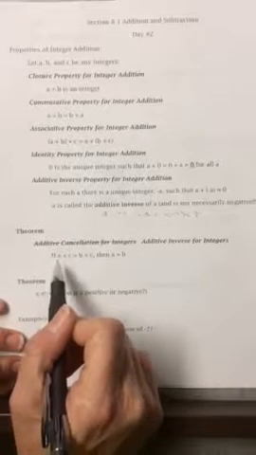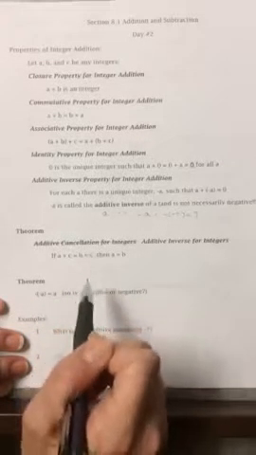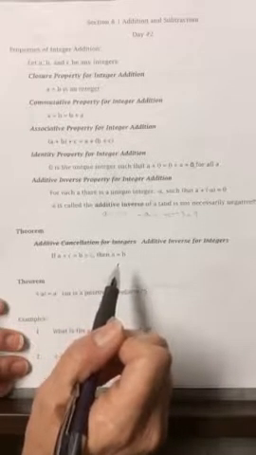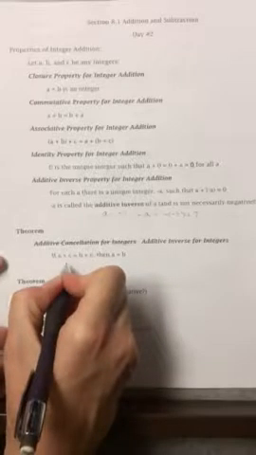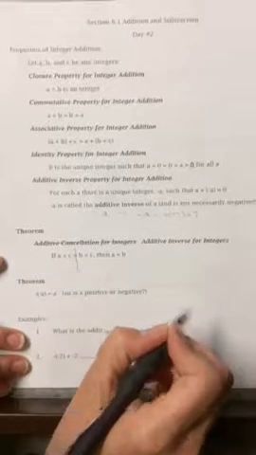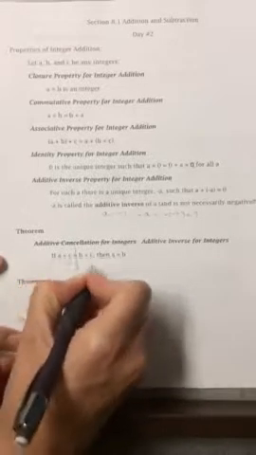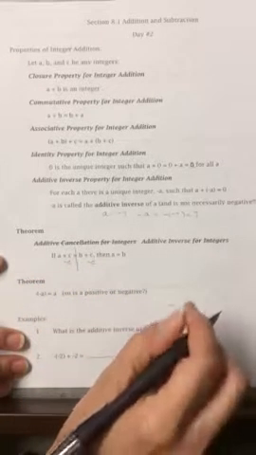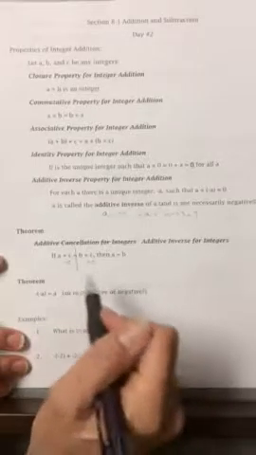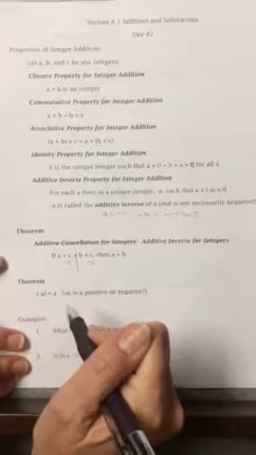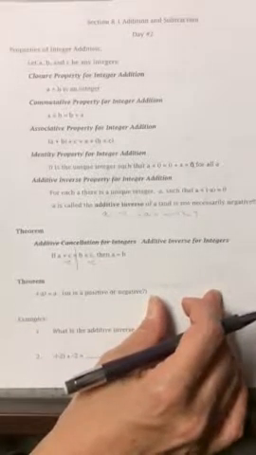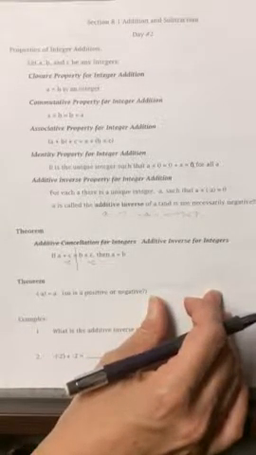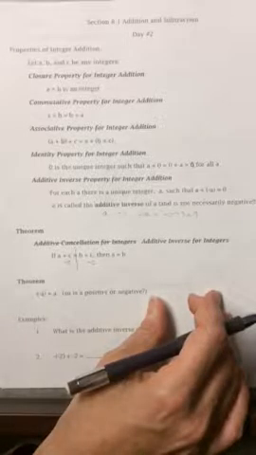And it says that if A plus C is equal to B plus C, then A equals B. And what you're doing to go from the first statement to the second statement is you are acting as if your equal sign is a balance, and you are subtracting C from both sides of the equation. And if you subtract the same thing from both sides of the equation, you still should be in balance, and A should equal B. And that is a property that we use when we're solving algebraic equations.